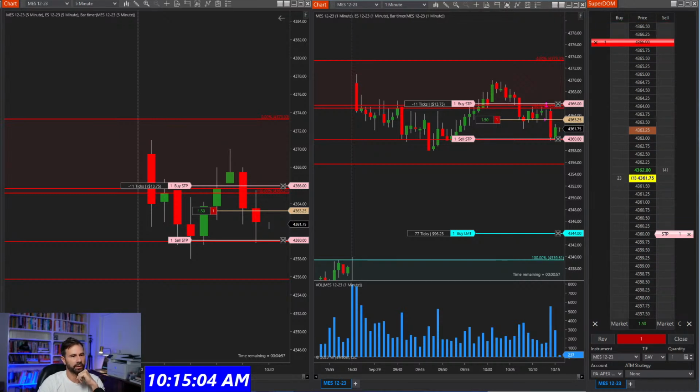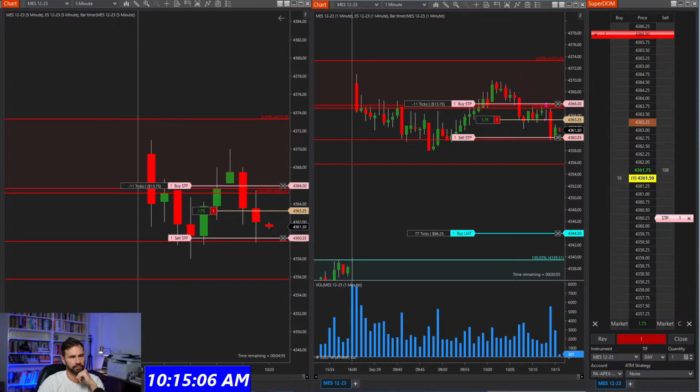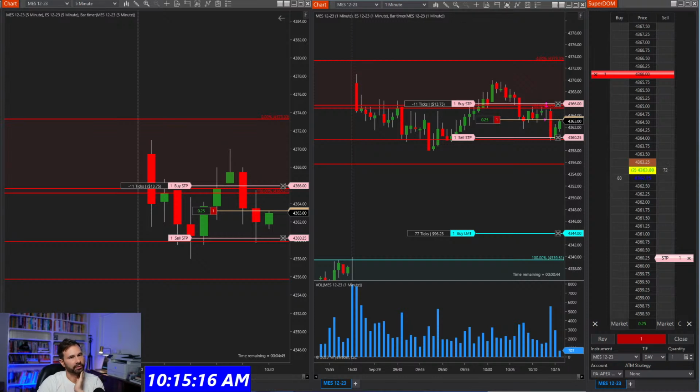Yeah, I'm ready to add on here. If it doesn't go, I will close this at break even. Or not break even, I'm just gonna take this risk. If it turns around, it is what it is. My entry is very late, so I need to risk this money in order for me to let the trade play out.